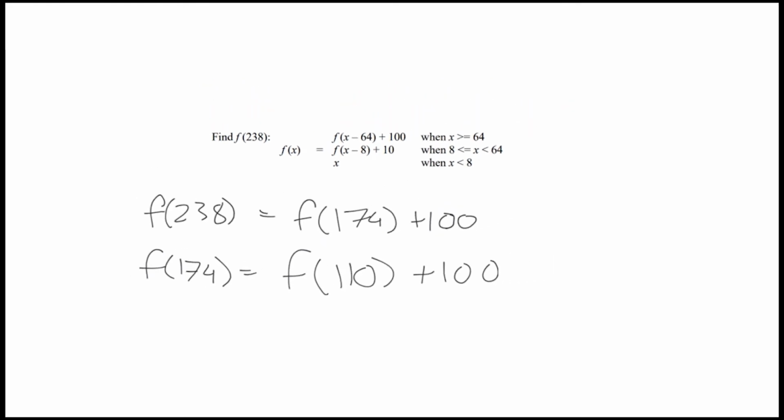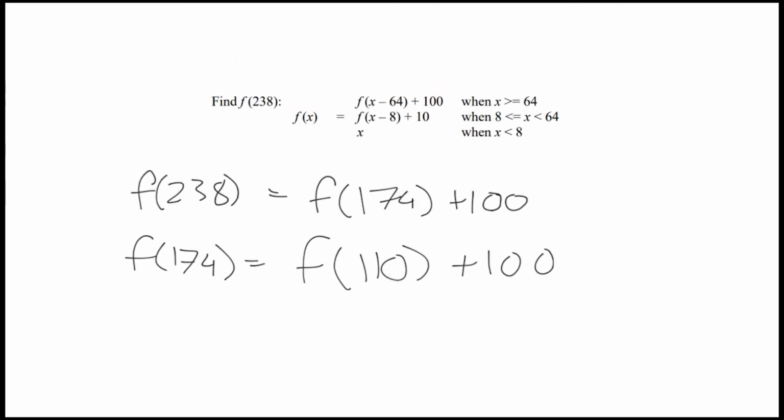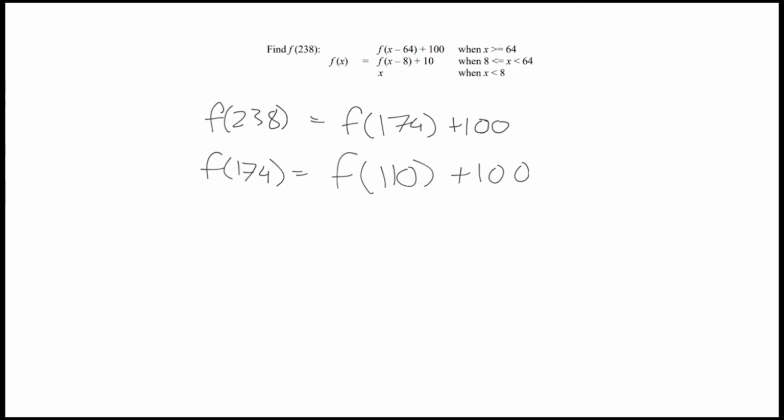Here I'm going to zoom out. Okay. And then we have f of 110 equals f of, it's greater than 64, so we're going to subtract 64 from it. F of 46 plus 100.